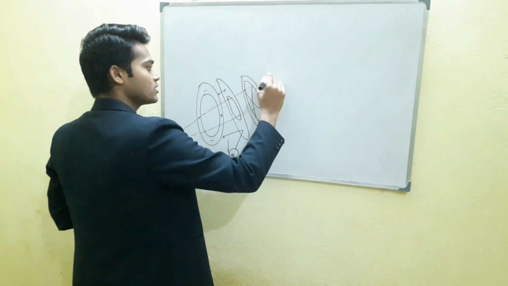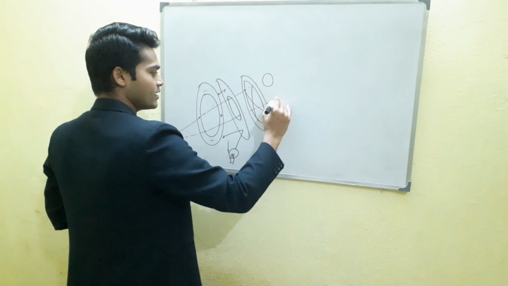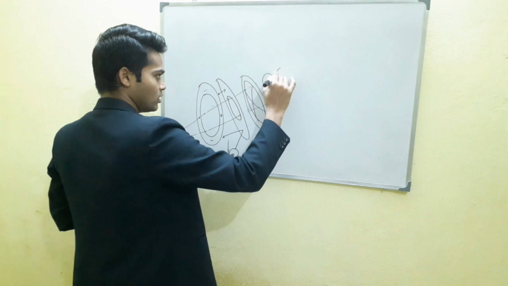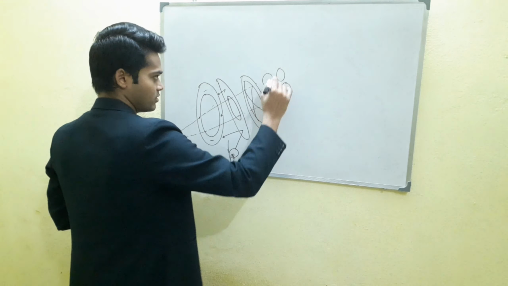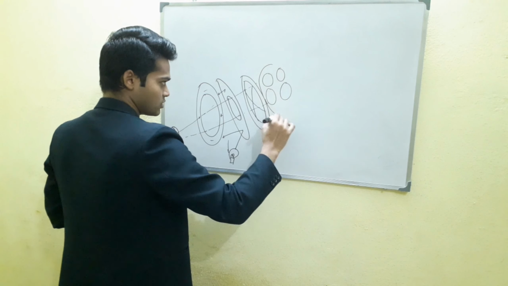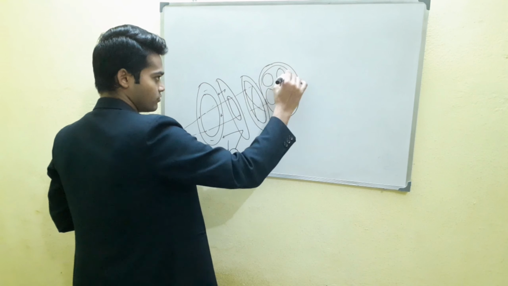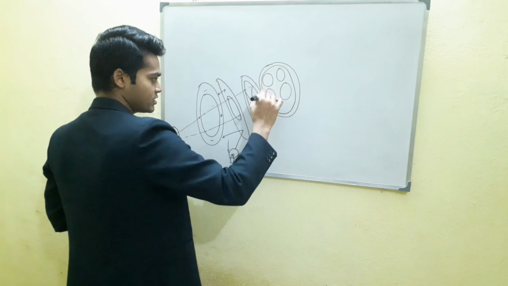Here is the aperture. Basically here are 4 apertures, right? And all the 4 apertures have different functions, because these 4 apertures are responsible for the formation of images of different types. I will discuss here.